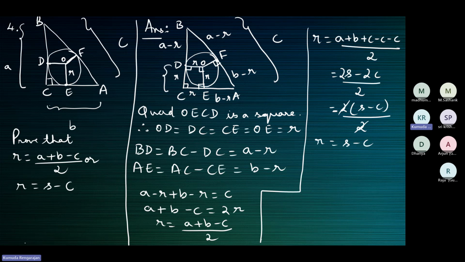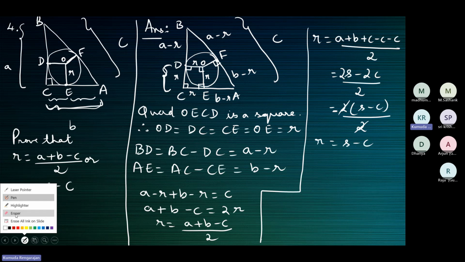So this one is R, but the side BC is A units. So BD will be equal to A minus R units. Similarly, side AC is B units, but CE is R units. So AE, or EA, is equal to B minus R units.